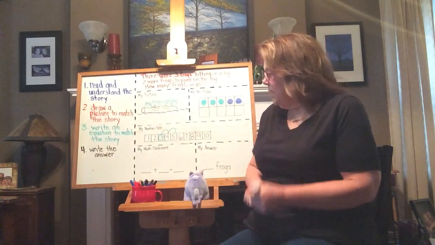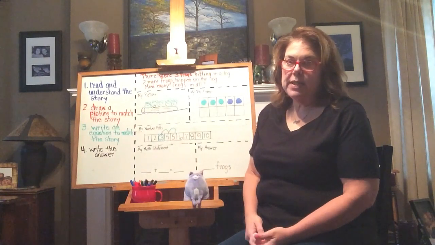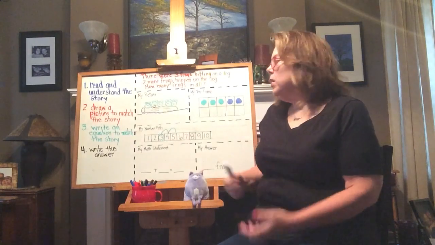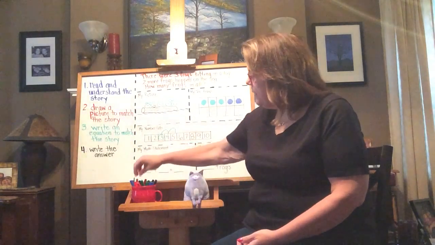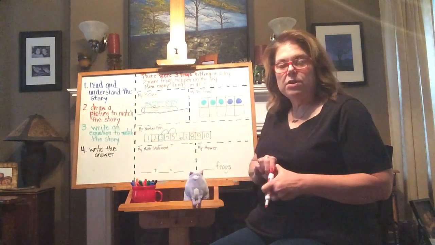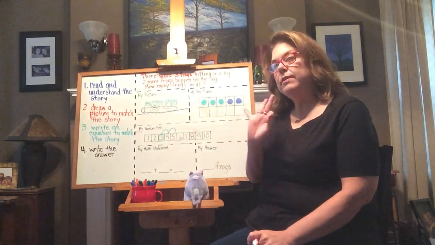So now our third thing is to write an equation to match the story. You all are so good at writing our number sentences. Remember, this is just telling the story with numbers and symbols. So, let's see, we'll go down here. And it says, how many frogs did we start with? We said we started with 3.